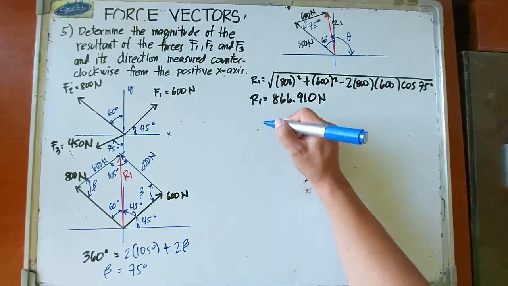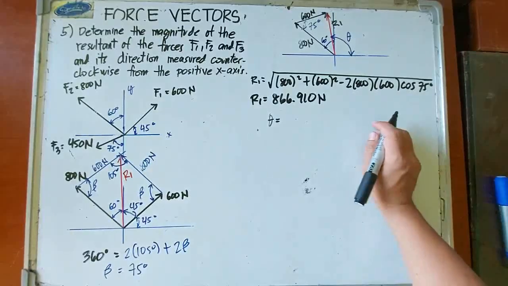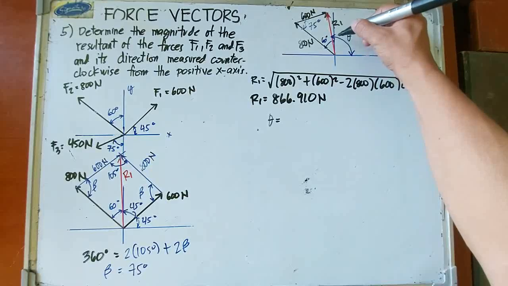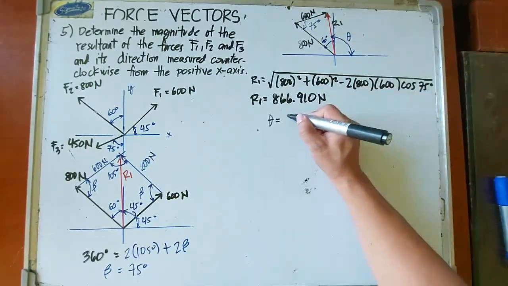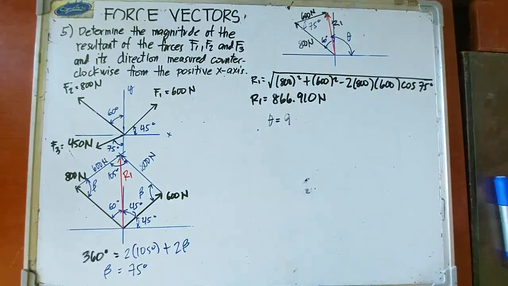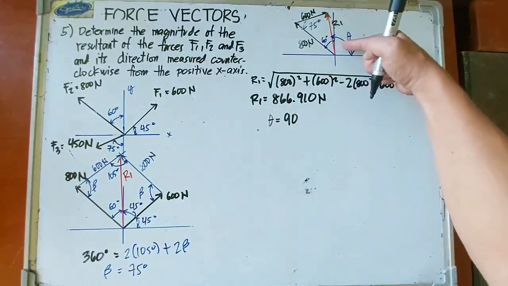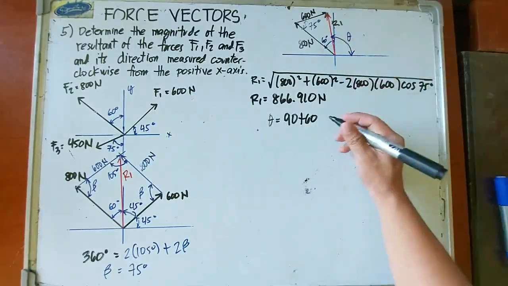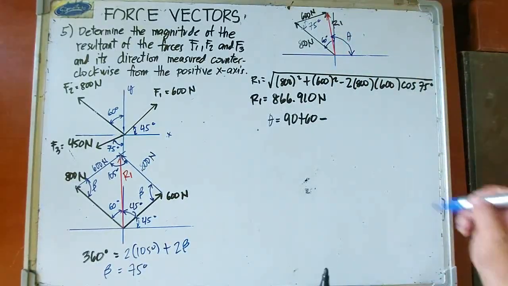So angle theta is equal to 90 plus 60 minus this angle. So we have 90, itong angle na to, 90 yan, plus 60, minus yung angle nito. So maybe we can solve for that angle.